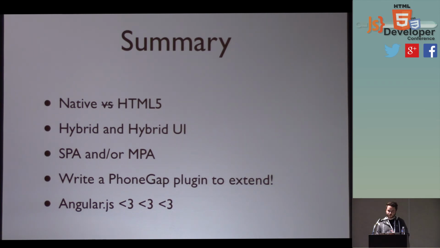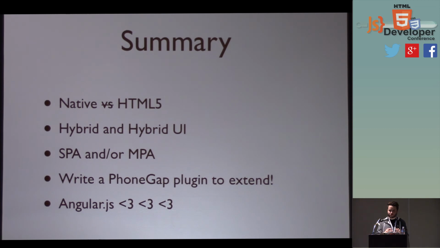So the summary is that it's not really about going native or HTML, but you can do pretty awesome stuff with hybrid apps, especially if you use hybrid UI. And then you can go or stay making SPA apps or go multi-page app, but you can also combine those two.